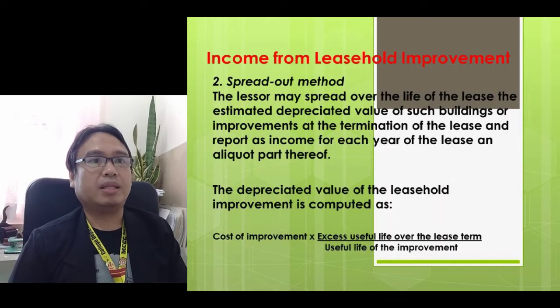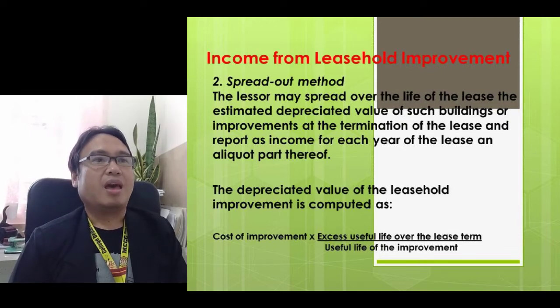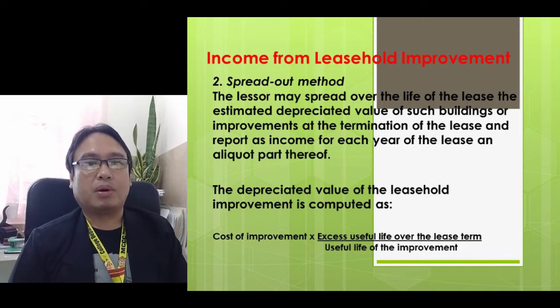The lessor may spread over the life of the lease the estimated depreciated value of such buildings or improvements at the termination of the lease and report as income for each year of the lease an adequate part thereof. The depreciated value of the leasehold improvement is computed as follows: construction cost of improvement multiplied by the excess of useful life over the lease term, over the useful life of the improvement.